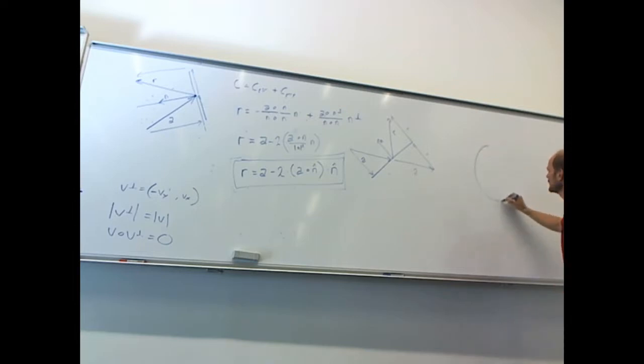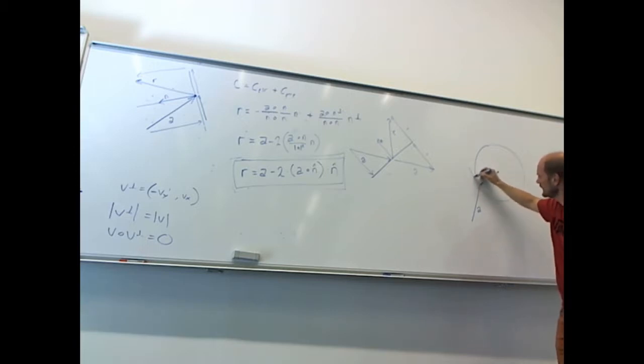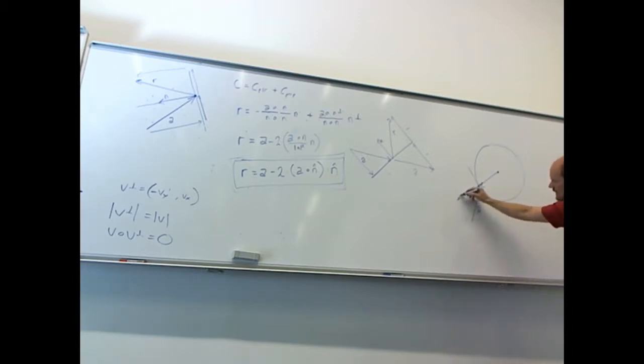Also, if something that you have hits a sphere or hits a circle, comes in here, A, what's the normal to the circle? It's basically different in every place of the circle, but if you take the place that you hit the circle and subtract from it the center of the circle, then you have a normal that points straight out.